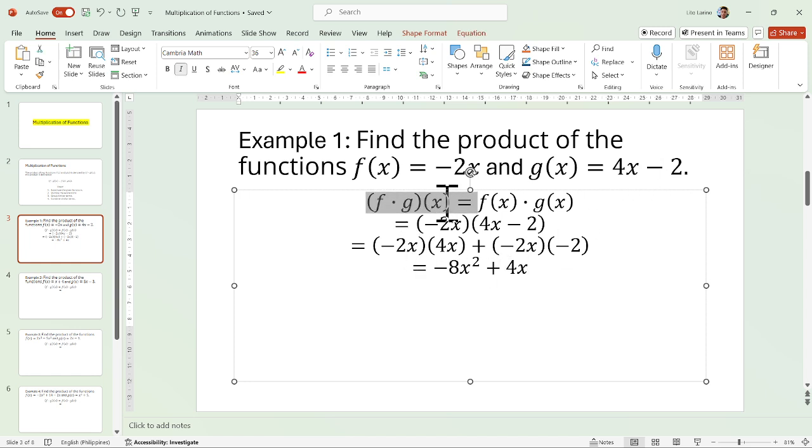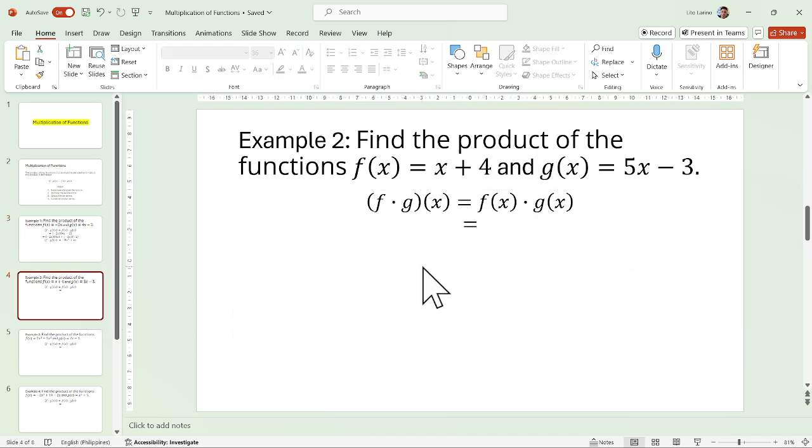So again, we simply multiply the two expressions, and then since there are no like terms, we do not combine like terms, and we do not group like terms yet. We will have it done in the second example. Again, each term of the f of x will be multiplied to each term of g of x. And this is the product.